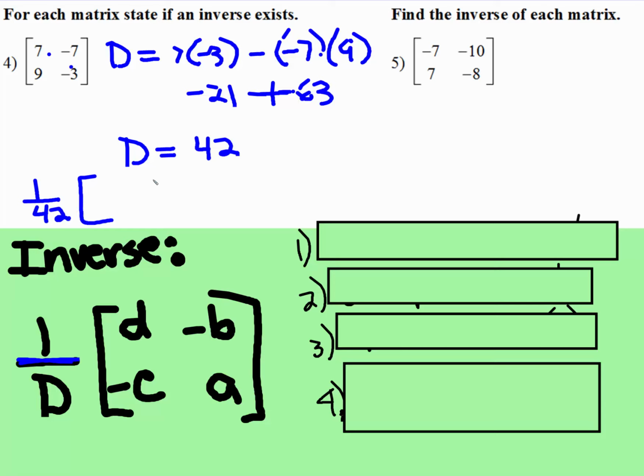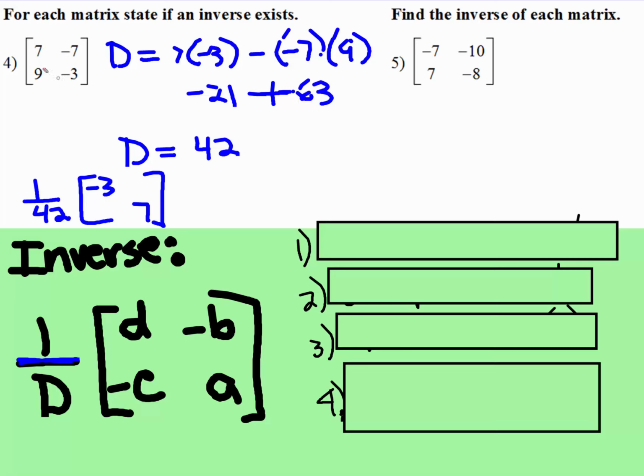And then this original matrix, we're going to swap the A and the D values. So 7 now goes down here. -3. Notice their signs didn't change. The values, -3 went up here, 7 went down here.